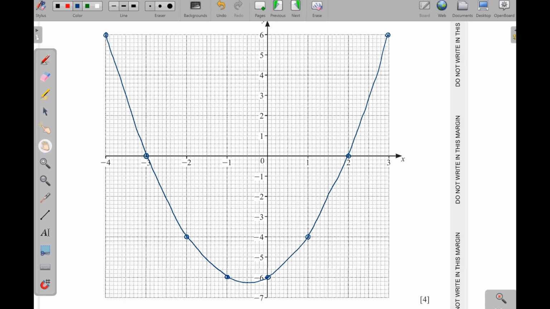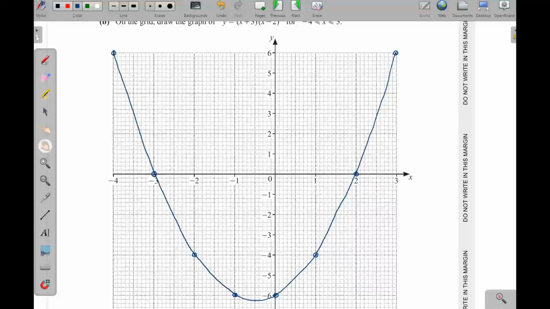So your smooth curve has to look like that, okay?